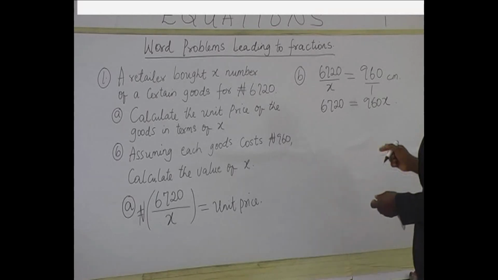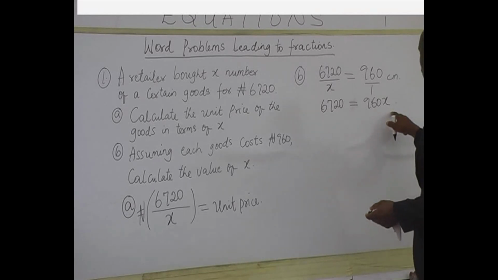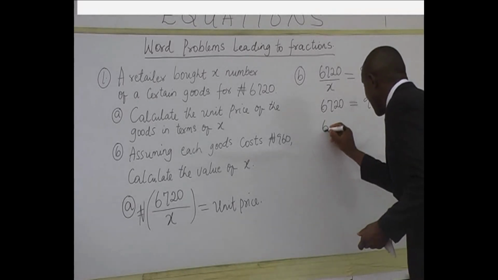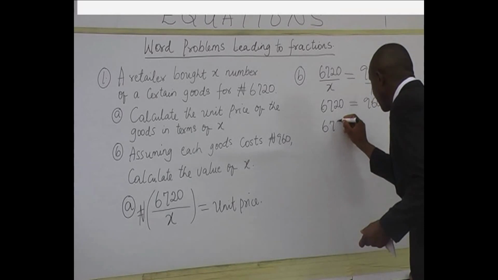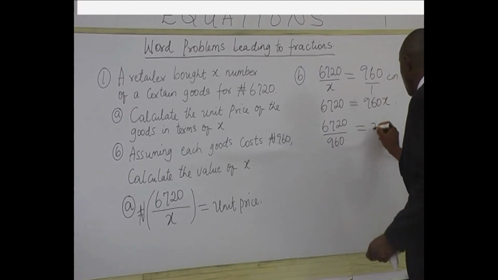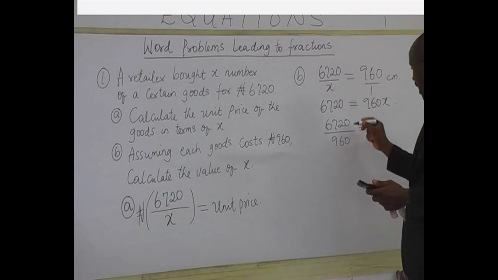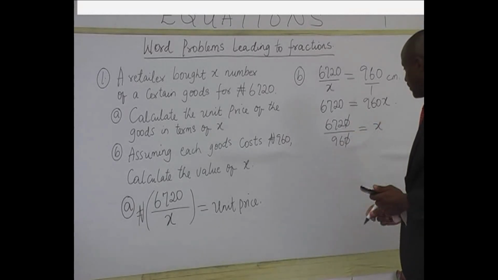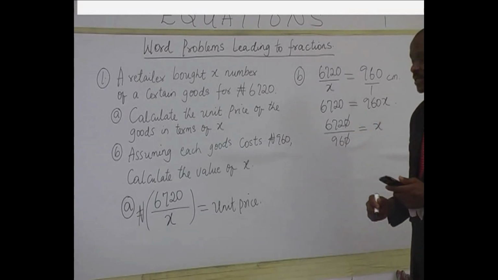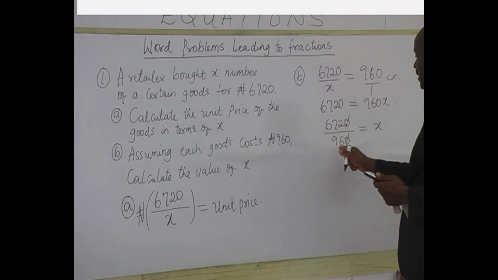Now divide both sides by 960 so as to eliminate 960 from the right hand side of the equation. When you do that, you have on the left hand side 6720 divided by 960, equal to X. So you can divide out the zeros, and you'll be left with 672 divided by 96.